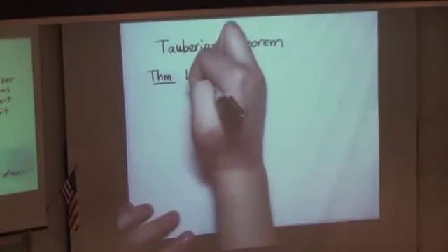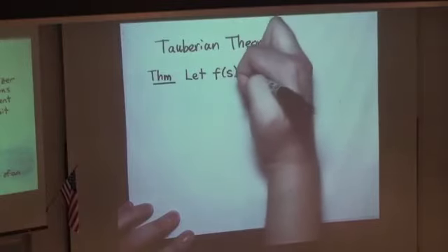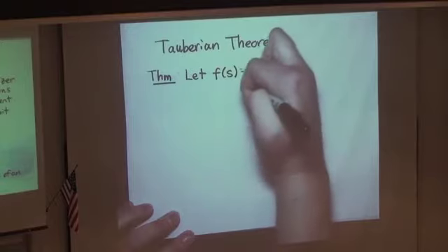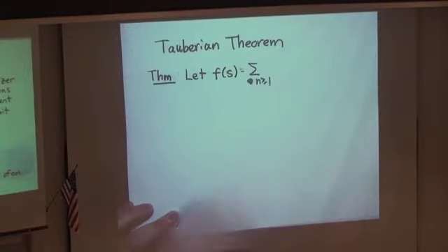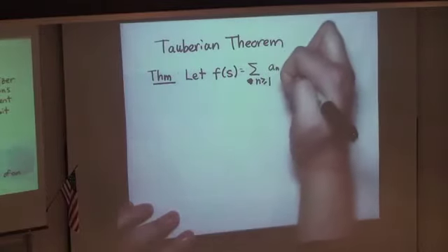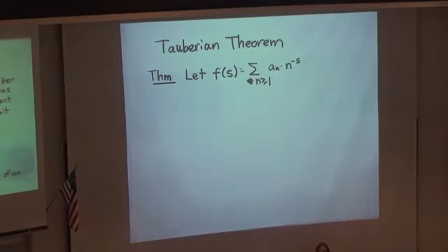So let me define a Dirichlet series F of s to be the sum of a_n times n to the minus s. So the a_n's are some numbers that I'm interested in.